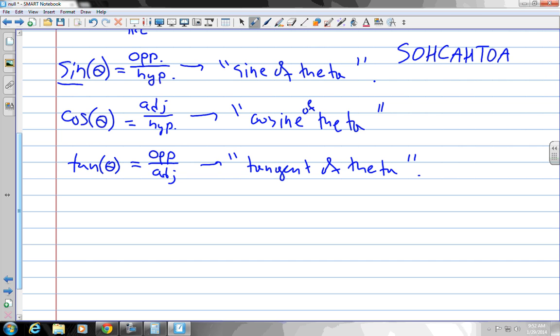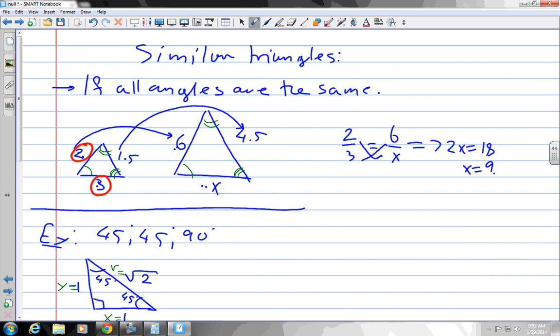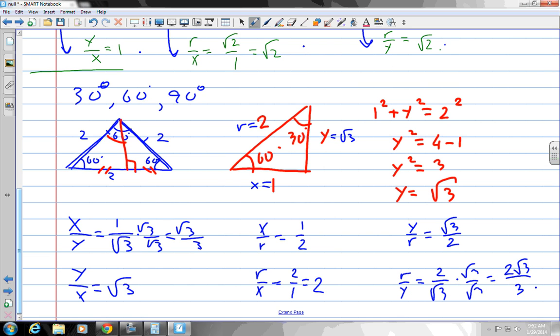But anyways, from now on, this is what's going to be. So if I ask you what is sine of 30 degrees, I can actually answer that question now. I can go back to the triangles that I played with.